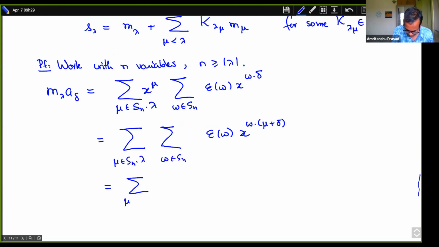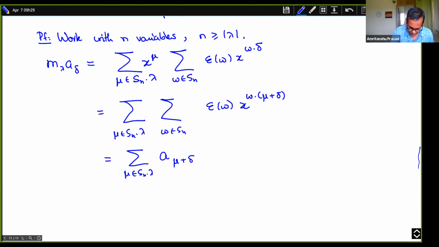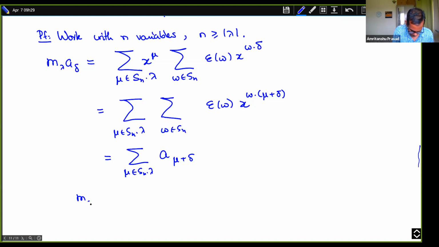This is nothing but the sum over mu in Sn lambda of a mu plus delta. So what this means is that m lambda is equal to the sum over mu in Sn dot lambda of s mu, where these are not just the Schur functions, but the more general things, because these mu's are not necessarily partitions.